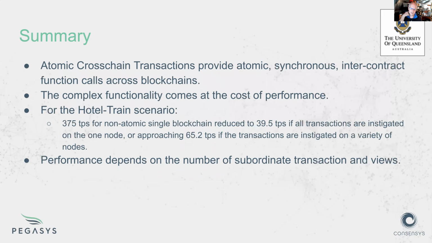So in summary, atomic cross-chain transactions provide atomic synchronous inter-contract function calls across blockchains. But this complex technology comes at a cost of performance.